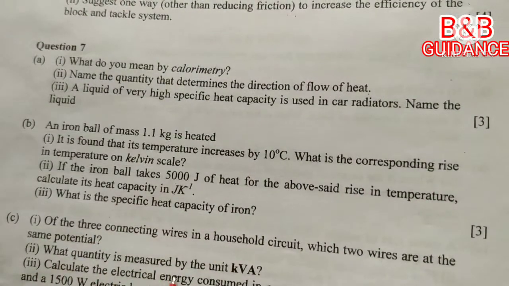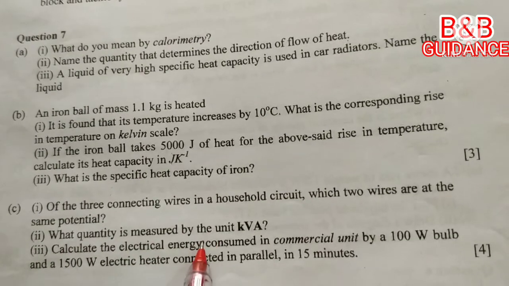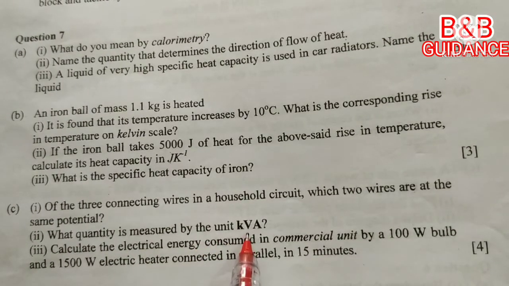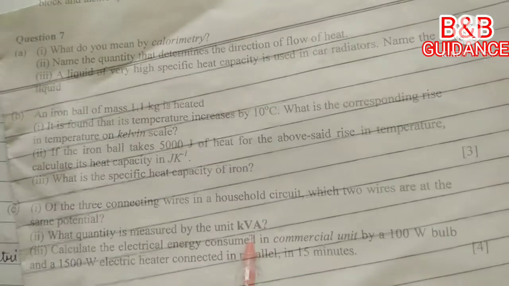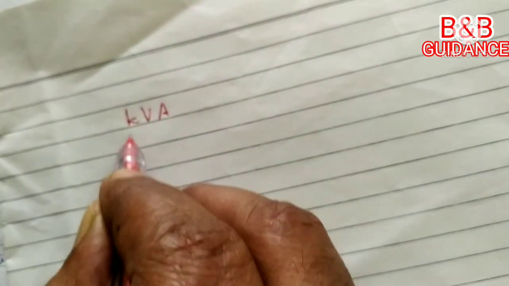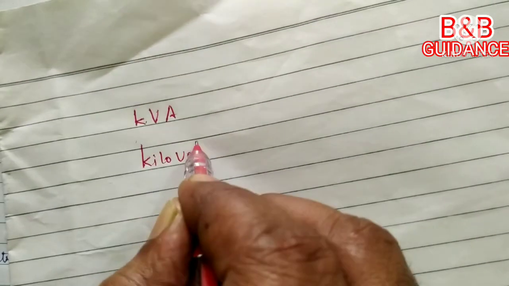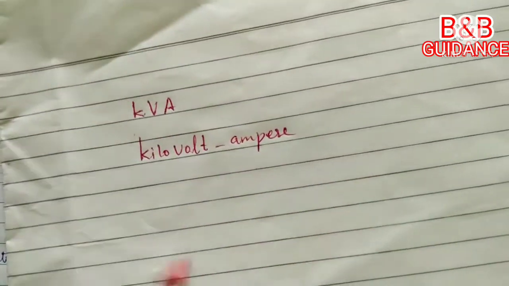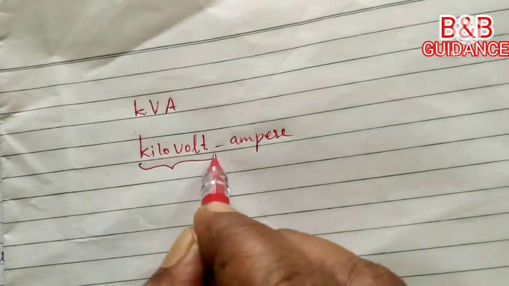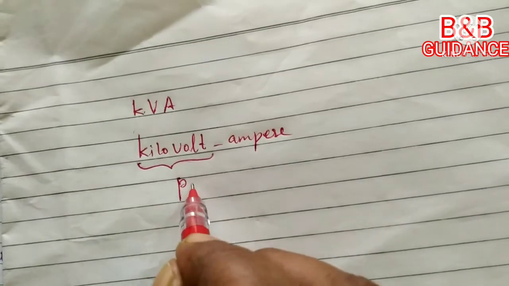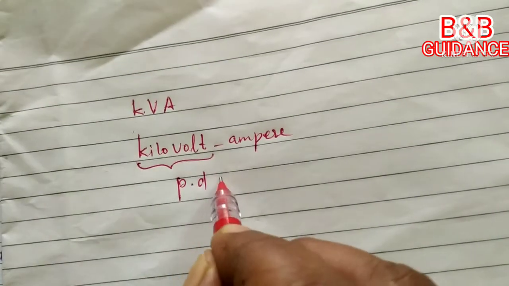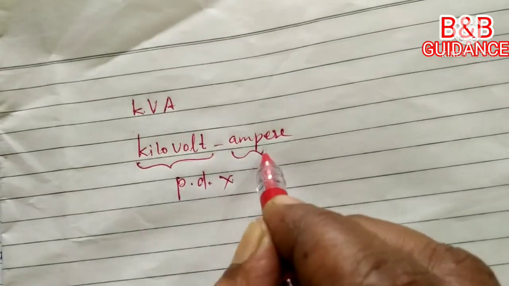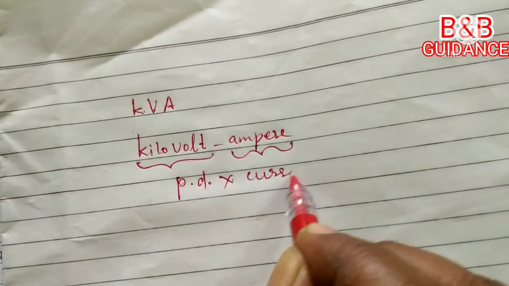What quantity is measured by the unit kVA? So here in kVA, this k stands for kilo, V for volt, and A for ampere. Well, kilovolt is the unit of potential difference, and ampere is the unit of current.